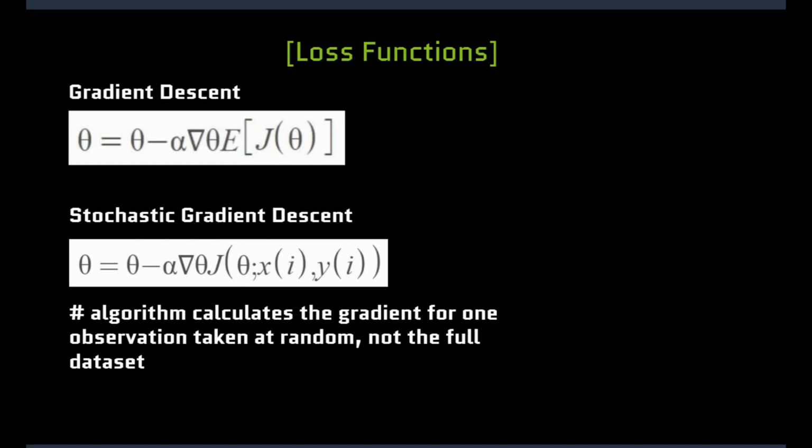However, since the gradient is not computed for the full dataset, and instead is only applied to one random point on each iteration, the updates have a greater variance. When compared to gradient descent, this causes the loss function to change more throughout each iteration, making it more difficult for the algorithm to converge.